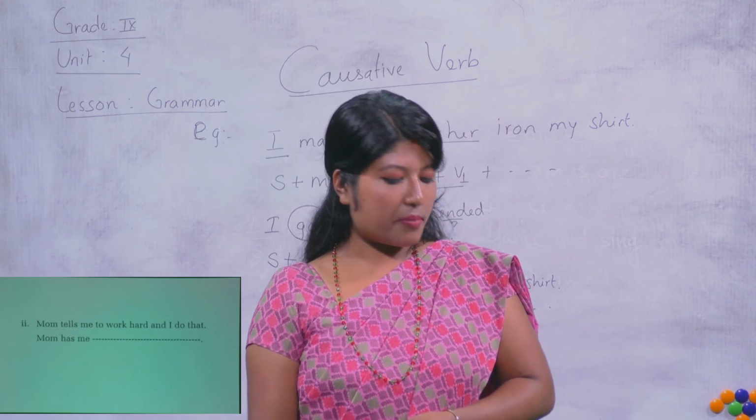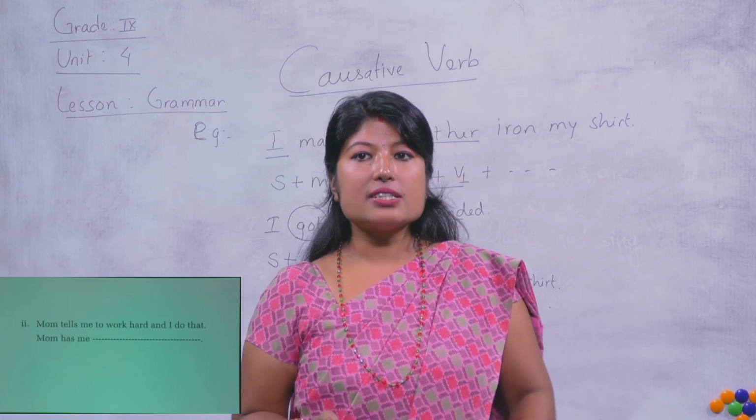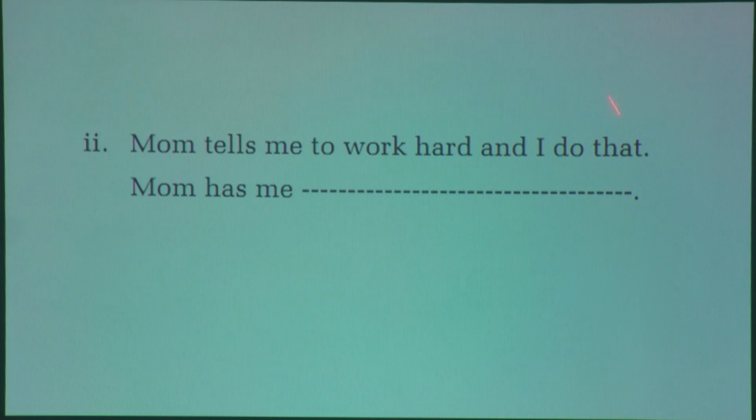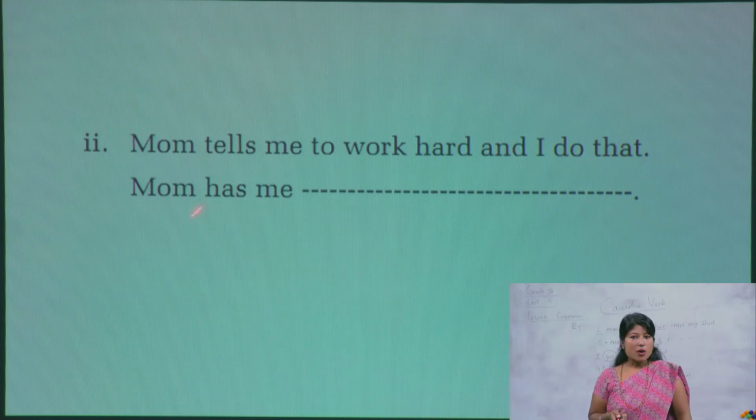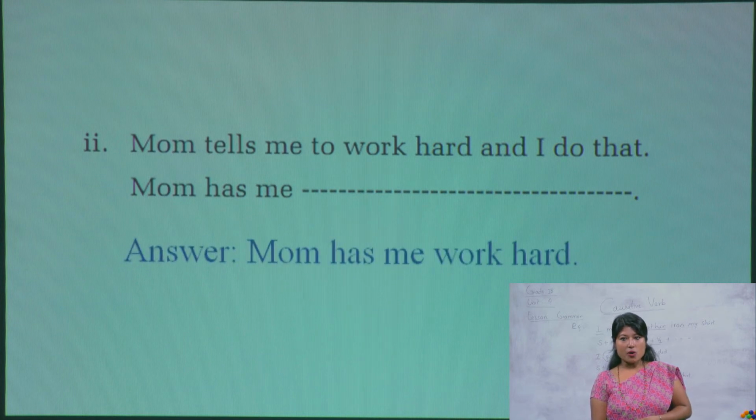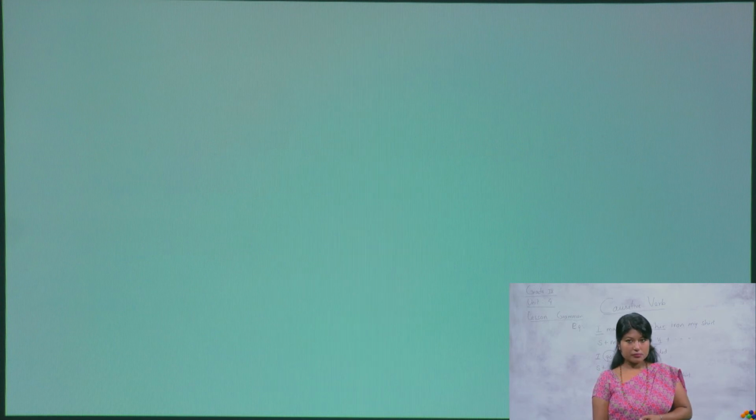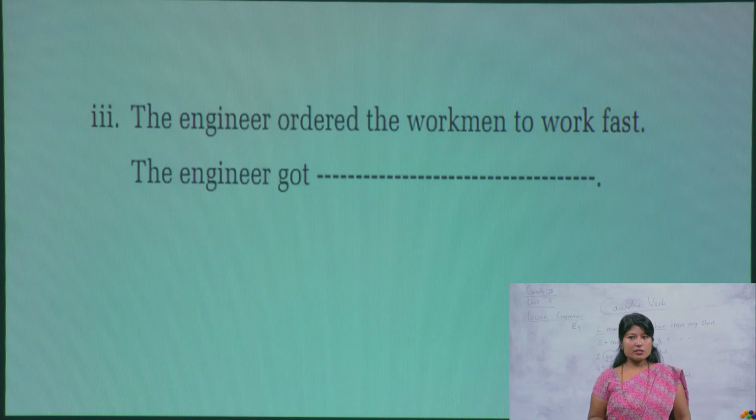Next, number two. Mom tells me to work hard and I do that. Mom has me, agent. Mom has me work hard. Only work is there, right? Not to plus work. Next, number three. The engineer ordered the workman to work fast.